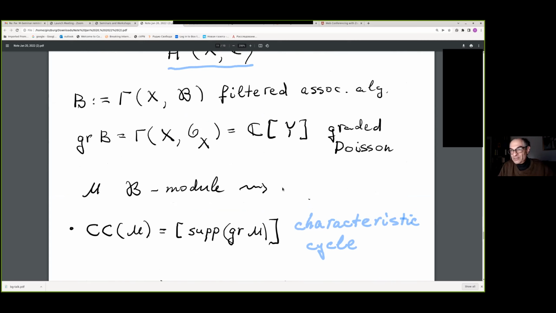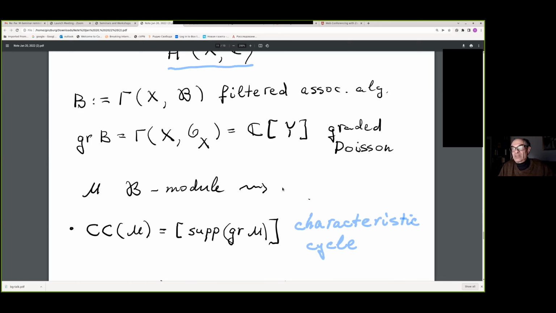And the associated graded of this algebra is isomorphic to the algebra of global functions on X. And it is also isomorphic to the algebra of global functions on Y, because by definition, Y was the affinization of X. And so by definition, X and Y have the same algebra of functions.